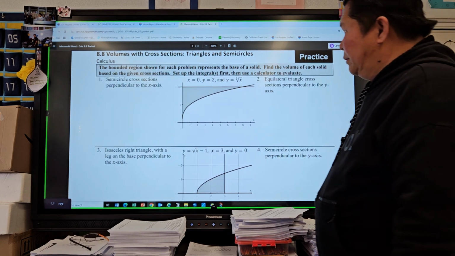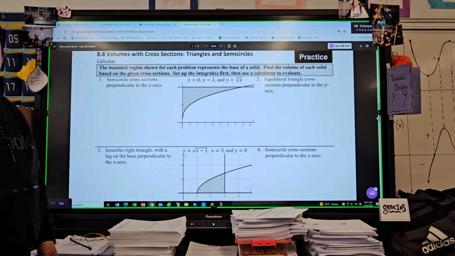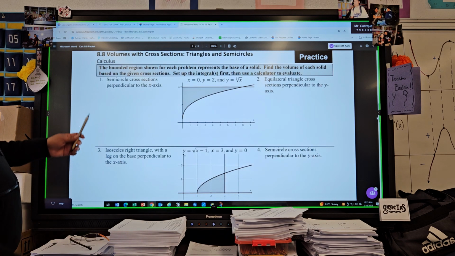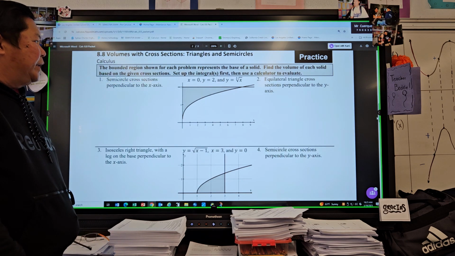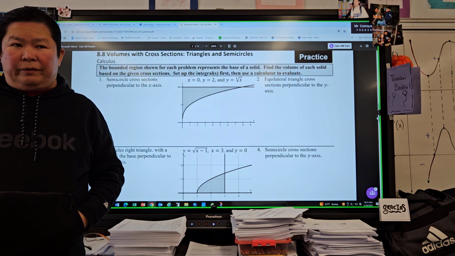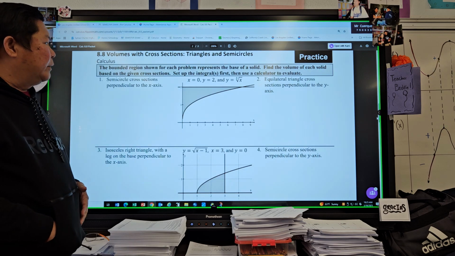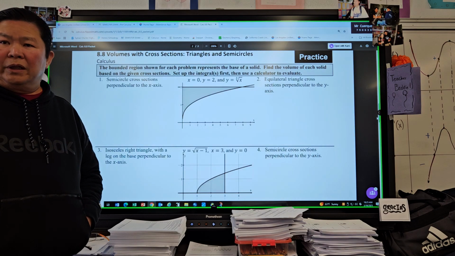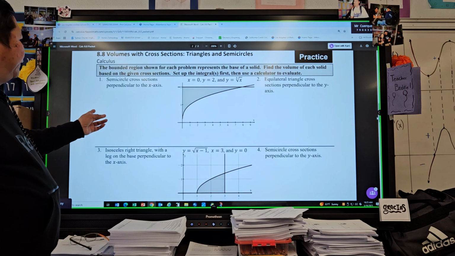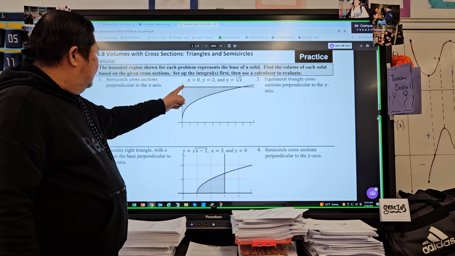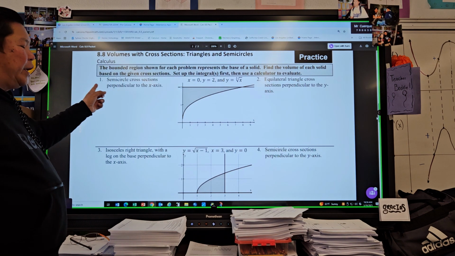So, the bounded region shown for each problem represents the base of a solid. Find the volume of each solid based on the given cross sections. Set up the integrals first, then use a calculator to evaluate. Again, what is asked? To set up the integrals. Then after that, use a calculator to evaluate. Okay, so we have semicircle cross sections perpendicular to the x-axis.